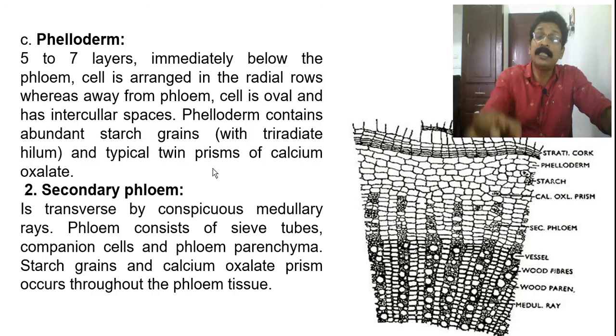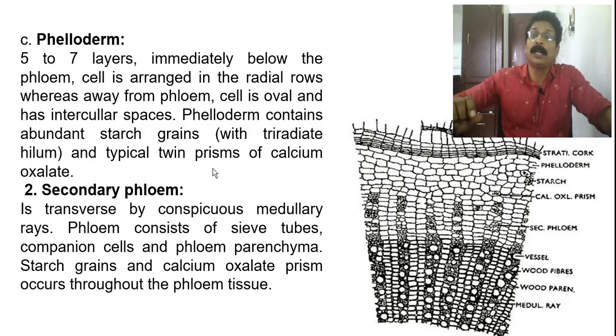They are arranged in such a way because it is transverse. When you see it in longitudinal section you will see a long pipe-like shape, but in the transverse section you can see polygonal shaped cells arranged in a series. The phloem consists of sieve tubes, companion cells and phloem parenchyma.